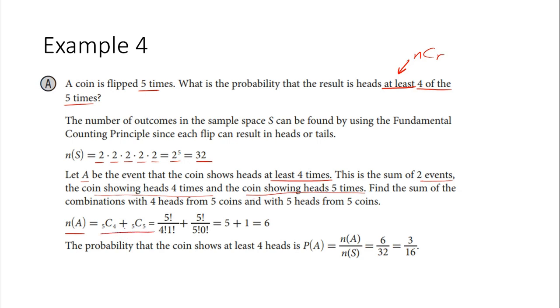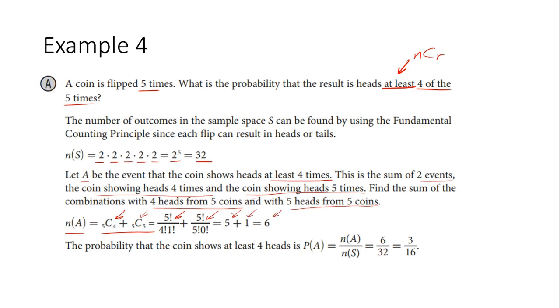We find the sum of the combinations of 4 heads from 5 coins and 5 heads from 5 coins, because it's still possible that we can get a fifth head on the fifth flip. So that's something to acknowledge. It's like, hey, I got it 4 times, but what if you get it for the fifth time? You also have to factor that in. So just like we showed you, that's 5 choose 4. This is 5 choose 5. If you do this correctly, you get 5 plus 1.